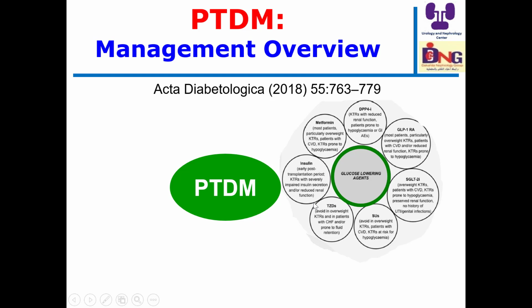So this seems to be the place of insulin. For DPP-4 inhibitors, we can use these drugs in all cases with respect to kidney function, following the modifications for each one, and one of them is not modified with any kidney function. So this is the rationale of selecting the anti-diabetic drug.